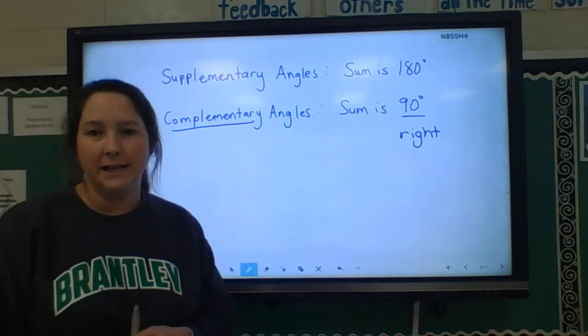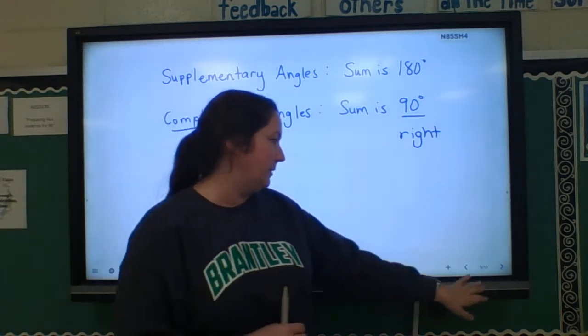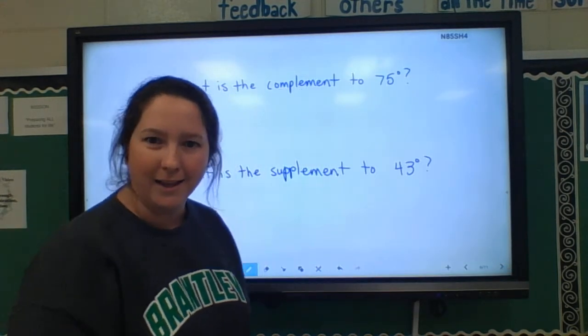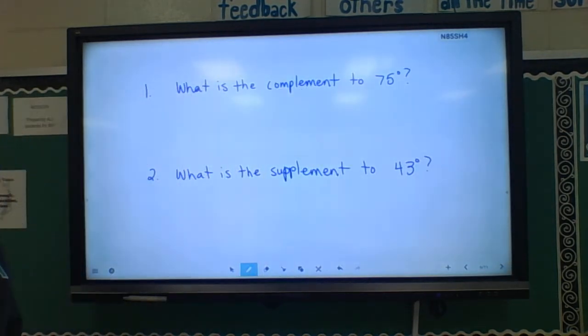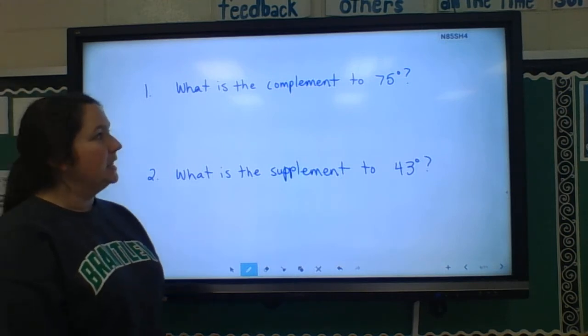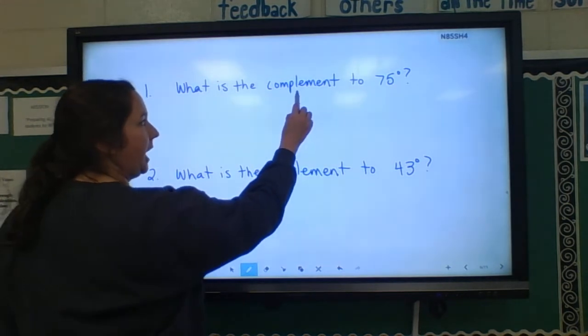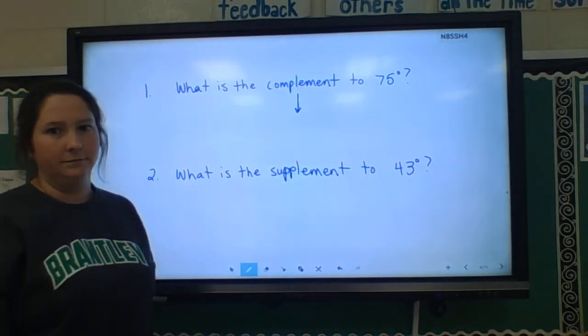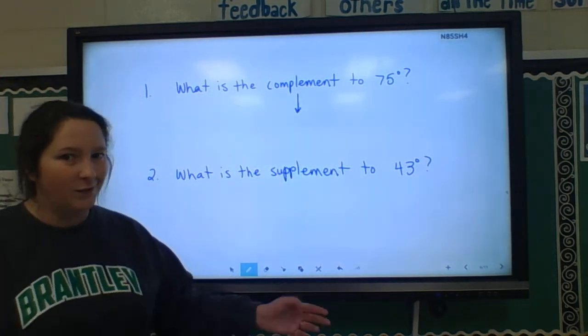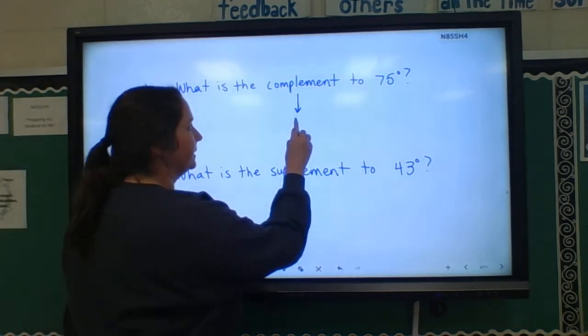All right, how is this going to relate to a math problem? Glad you asked. Number 1, it says, what is the complement to 75 degrees? Well, what does the word complement mean? The right thing to do, or 90 degrees.